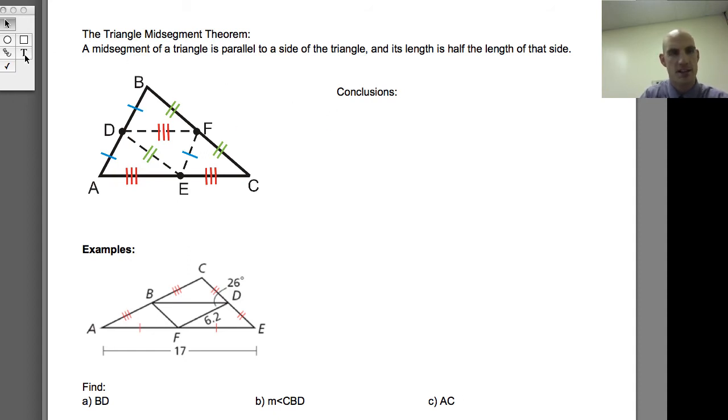I'm going to start at the top, and I've got segment DF. Segment DF is parallel to AC. How do I know? This triangle's already been marked up. I know it because DF over AC is equal to 1/2.